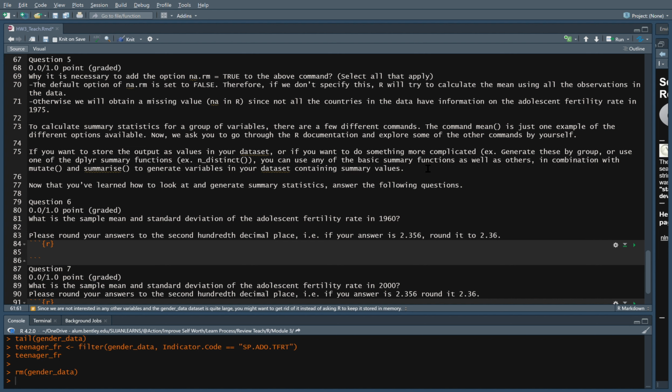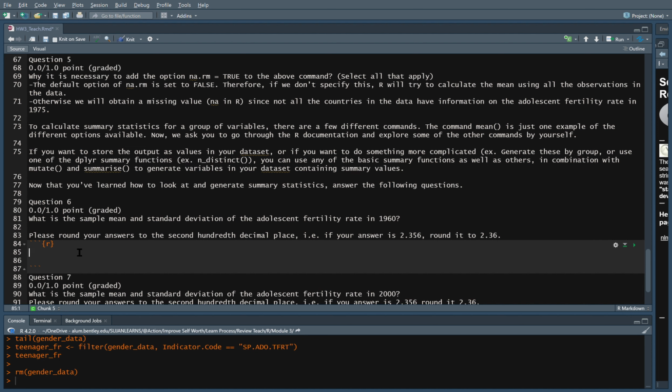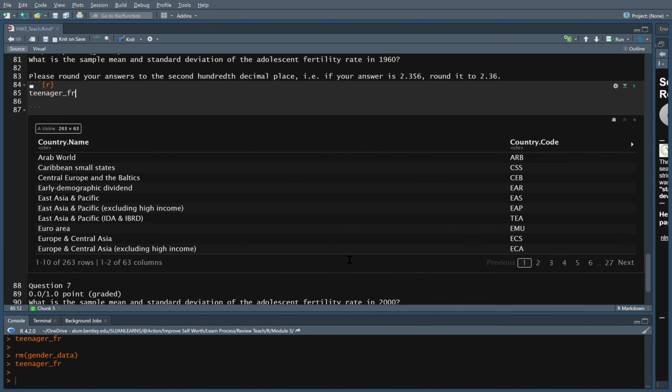Can you tell me how to do this? One way to do this is to use a mean function and standard deviation function. Now, before we go into that, let's look at the data set first.